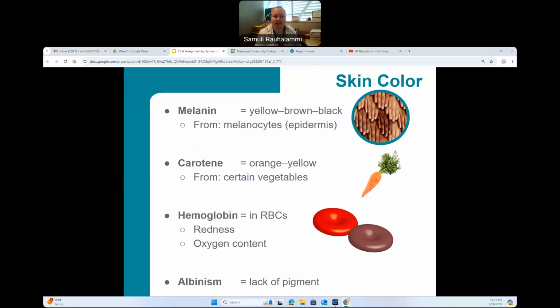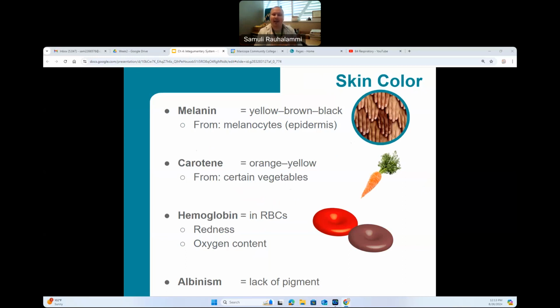And then let's discuss hemoglobin. Hemoglobin is found within the red blood cells, and it responds to the oxygen concentration. If we have high oxygen concentration in hemoglobin subunits, that blood is going to appear very bright red, and low oxygen concentration then appears as a darker purplish, bluish color.